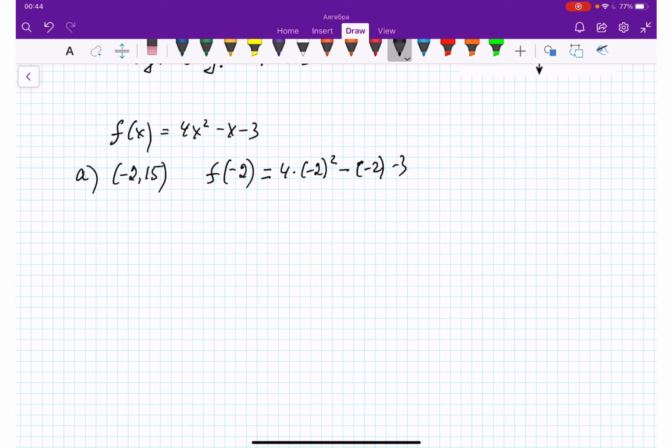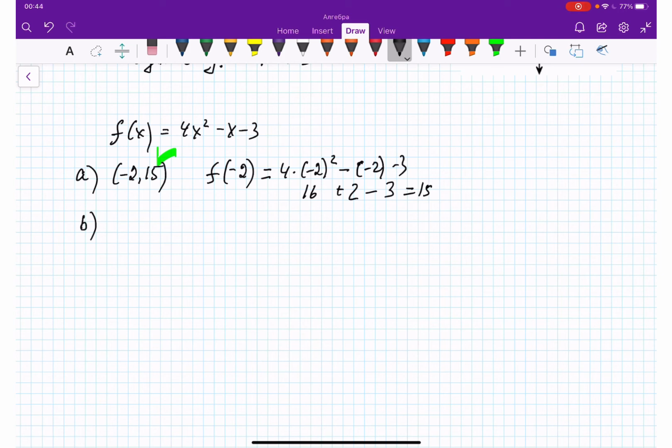So this is equal to, -2 squared is 4, 16, plus 2 minus 3. 16 plus 2 is 18, minus 3 is 15, which means yes, this point belongs to the graph. It's on the graph.